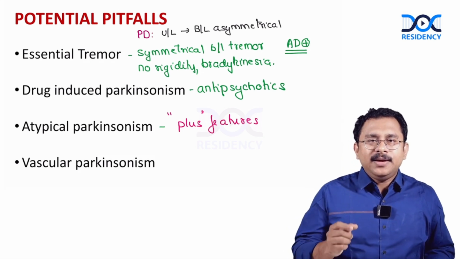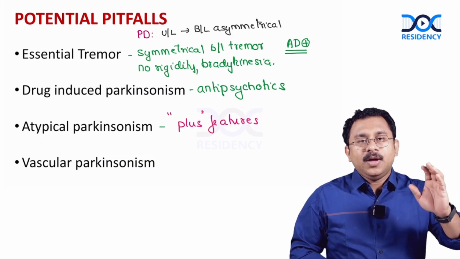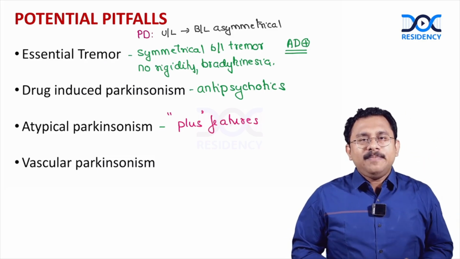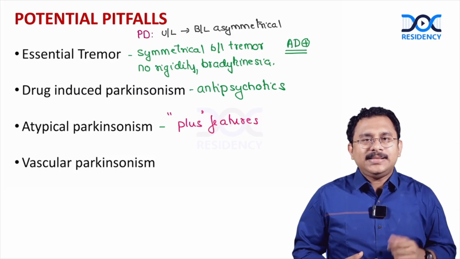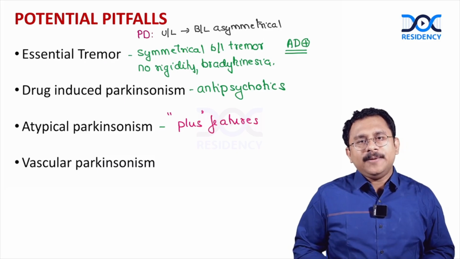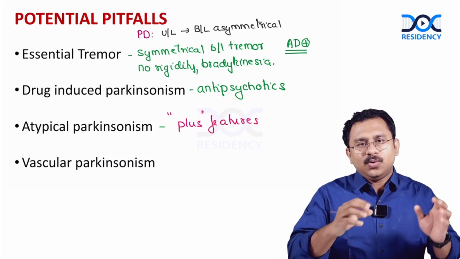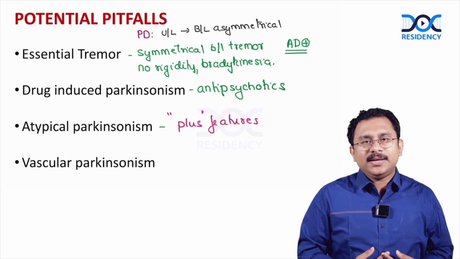If the patient is having asymmetrical features suggestive of cortical and basal ganglia degeneration, like aphasia, apraxia, cortical type of sensory loss, alien limb phenomenon, dystonia, myoclonus, all this in constellation, you can think of corticobasal degeneration.